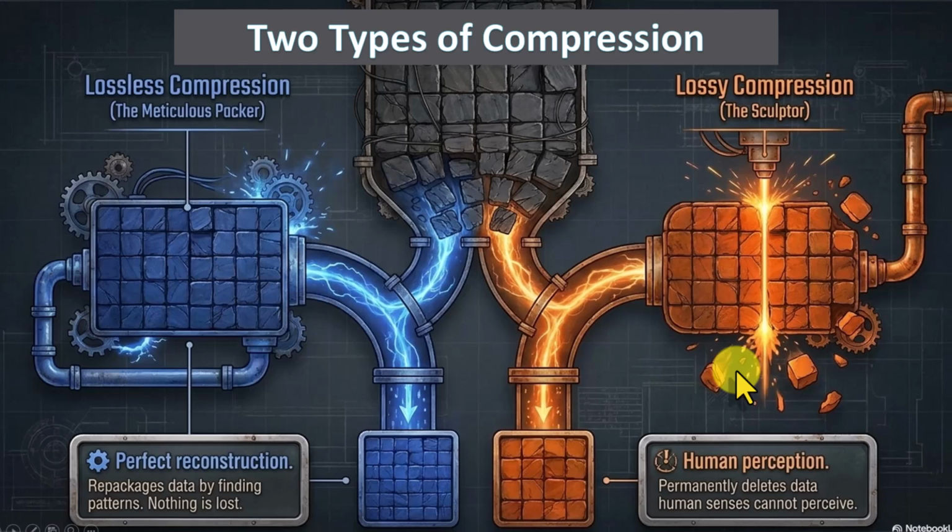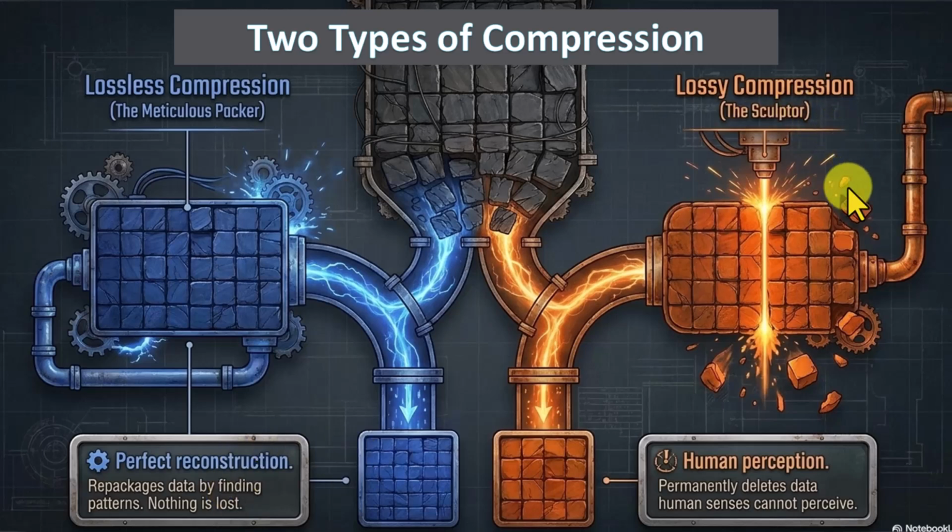Mainly we have two types of compression: lossless compression and lossy compression. Lossless compression is a compression where you reduce the size but data is not lost. You have the same data, the same quality, and you can regenerate the previous binary if you want. Overall the data size is reduced but nothing is lost.